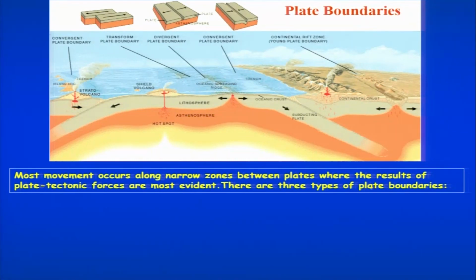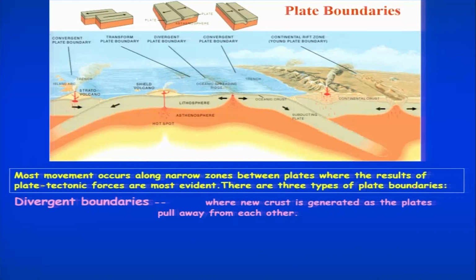One is the divergent plate boundary, which you can see here, where new crust is generated as plates pull away from each other. We also term this a constructive plate boundary because no destruction is taking place, and a new plate is always being added.